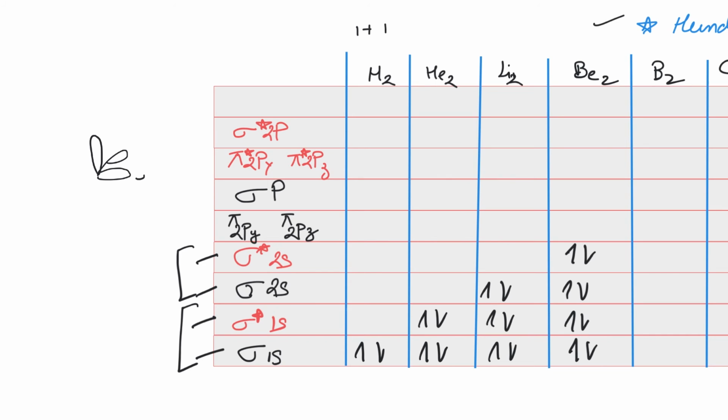So we'll have sigma in px, whereas pi bonds would be formed in case of py and pz, right? Now both pi bonds would carry lower energy. As you can see here, the pi bonds are carrying lower energy than sigma bonds, right? This is for bonding, right? Now understand carefully here that the red here represents anti-bonding. That is why they are written above, right?